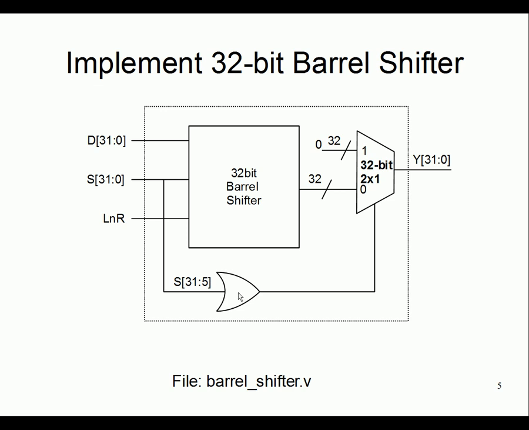The logic is that we are trying to test if there is any bit on after the 5th bit in this number. Anything after the 5th bit means I am requesting a shift of more than 32. And if it is a shift of more than 32, then my result will be 0 no matter what this number is.